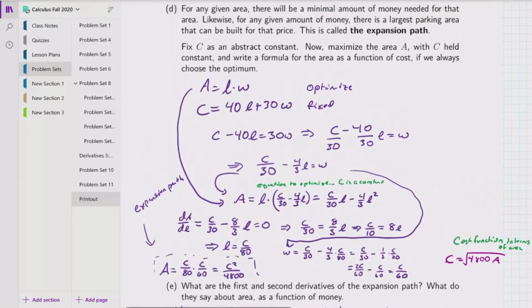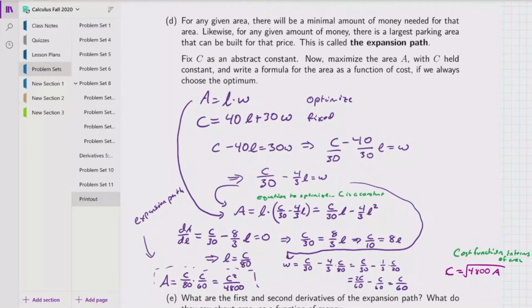When I calculated the expansion path today in the problem set, it didn't matter. I fixed C and did the derivative for A. I optimized A fixing C. But did it really matter? Could I have fixed A and minimized C and gotten the exact same equation? And the answer is yes. It doesn't matter. And that's the deep insight.